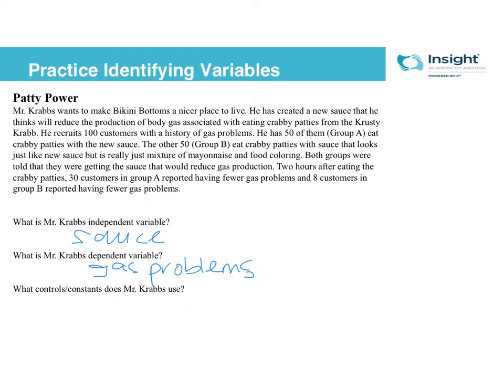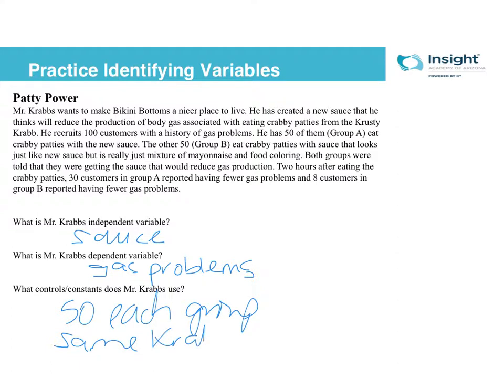Any controls or constants that he has, so things that are the same among the 2 groups, that sort of thing. So there's 50 in each group. It's the same Krabby Patties. Let's see, the same amount of time for questioning.